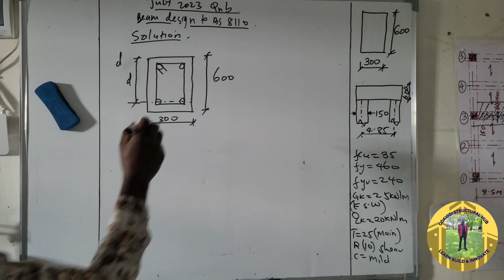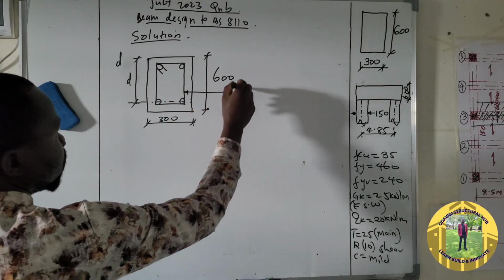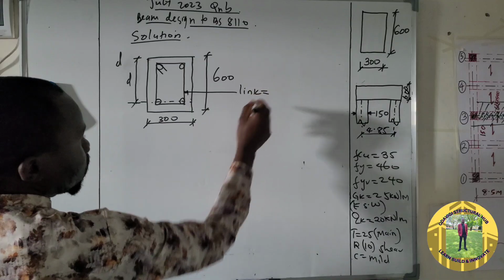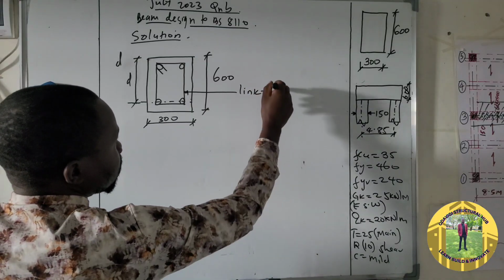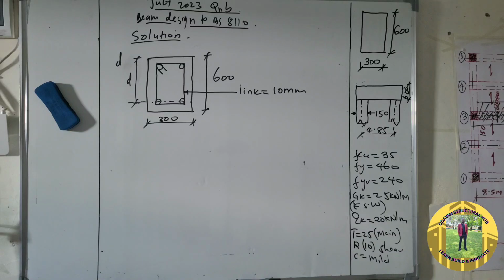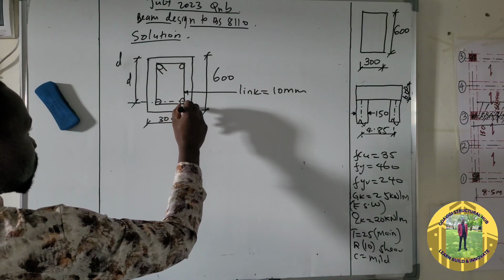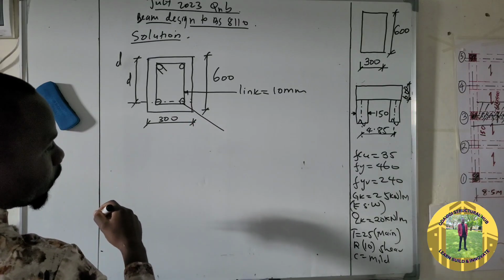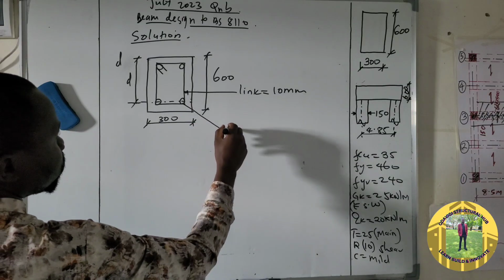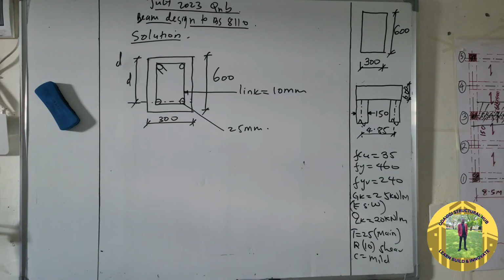So this is the link, which is equal to 10 millimeter, as we have been told in the question. And this is the main bar, which is 25 millimeter diameter.